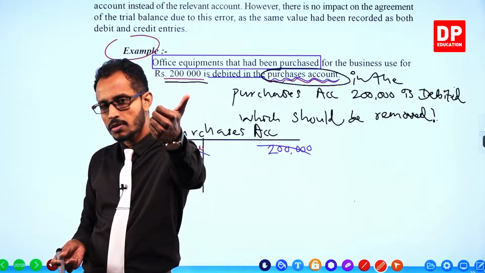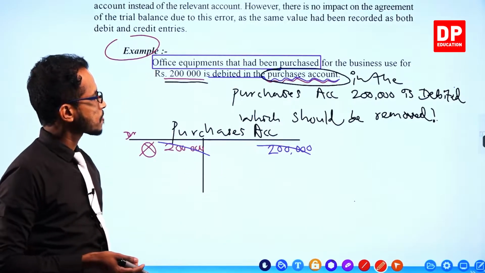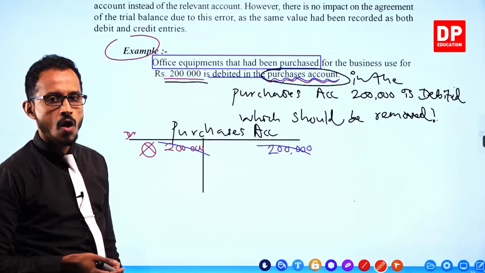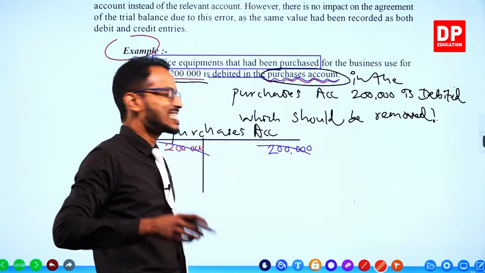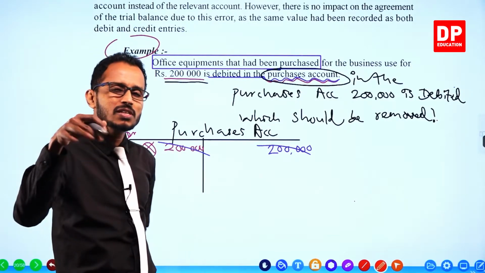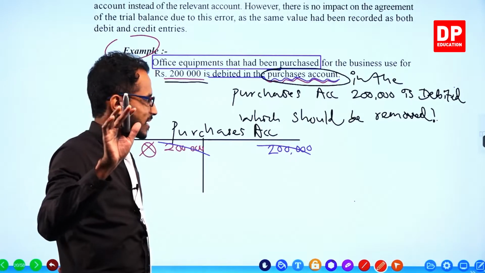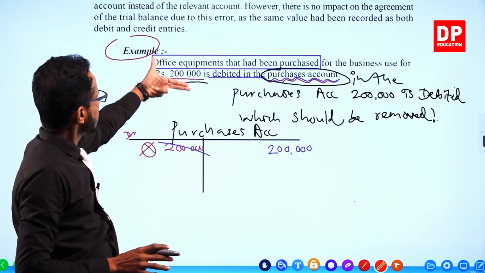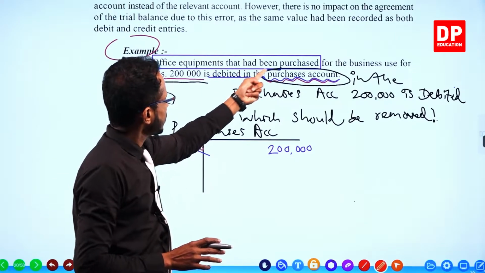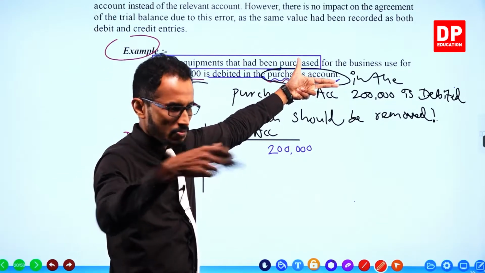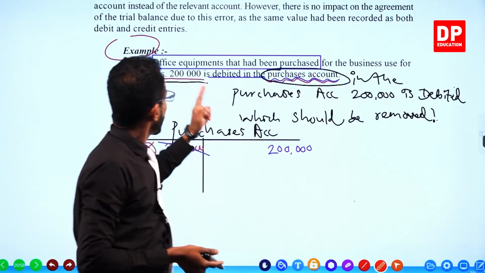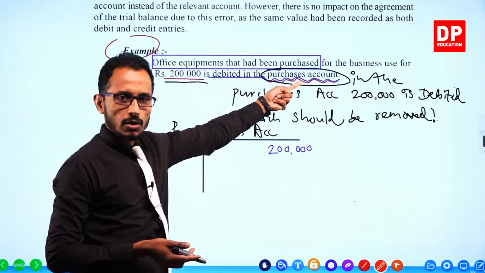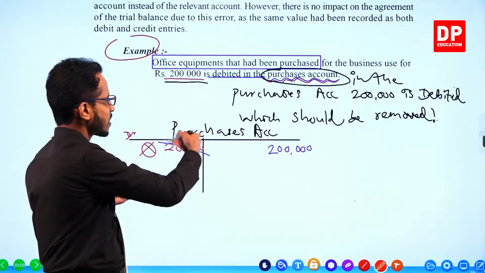Children, this is a point where some children go wrong. What they say is office equipment that had been purchased for the business use is entered in the purchases account. We know that purchases account is always debited.